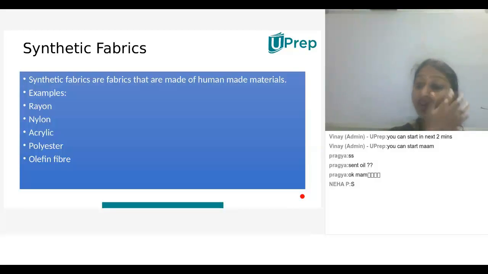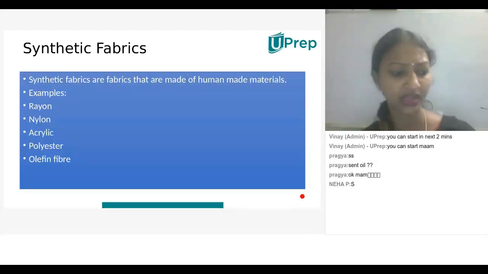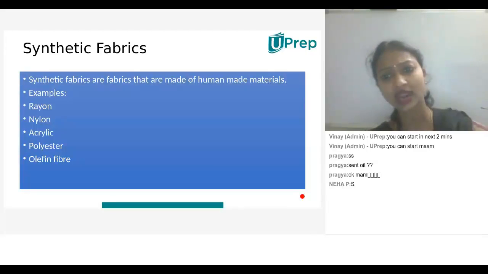Why? Because preservatives are added to it. So natural fiber is very much attracted to insects and microorganisms. When it is naturally obtained, fungus will be placed at the top. No chemicals are added in it.